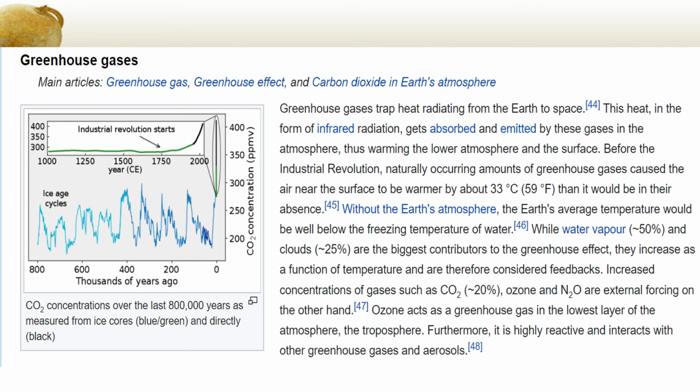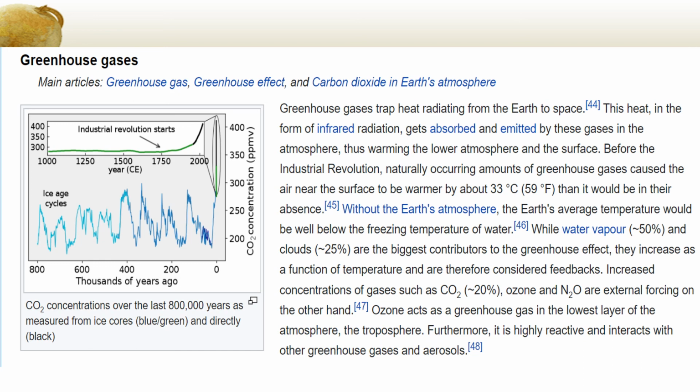While water vapor and clouds are the biggest contributors to the greenhouse effect, they increase as a function of temperature and are therefore considered feedbacks. Increased concentrations of gases such as carbon dioxide, ozone, and nitrous oxide are external forcing.